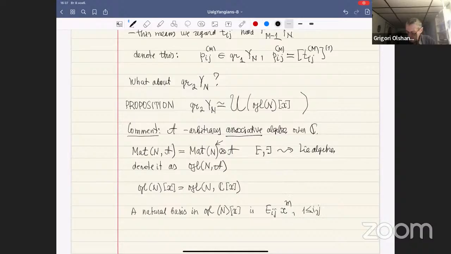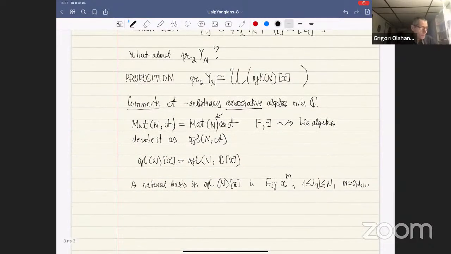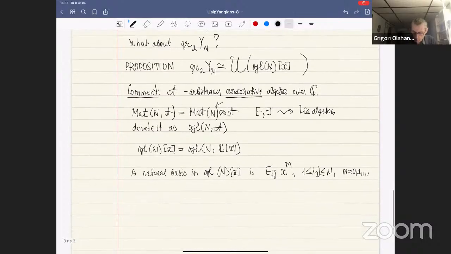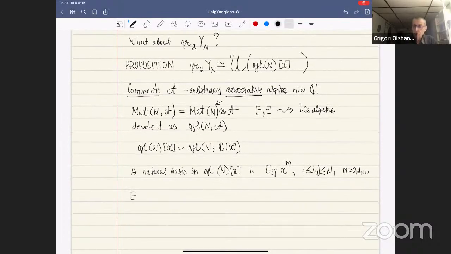So these are the usual restrictions, and m is a non-negative integer. And we have the following commutation relations, which follow from the very definition of our algebra.